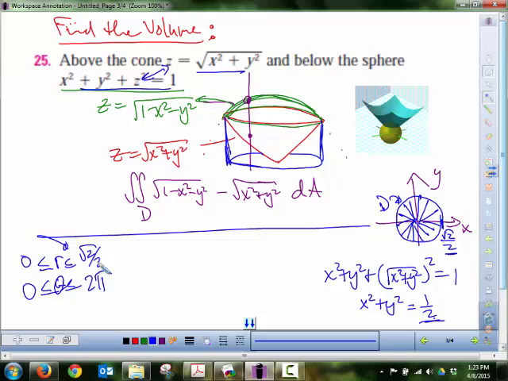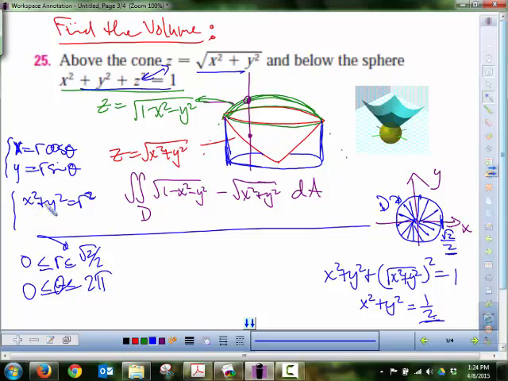The integrand will not be so bad. We're used to looking at the relationship between Cartesian and polar coordinates like this, but remember there's another pair of equations that allow you to go back and forth. x squared plus y squared is equal to r squared, which you can rederive every time, but if you just remember that x squared plus y squared is equal to r squared when you go to polar coordinates, then you don't have to rederive it.